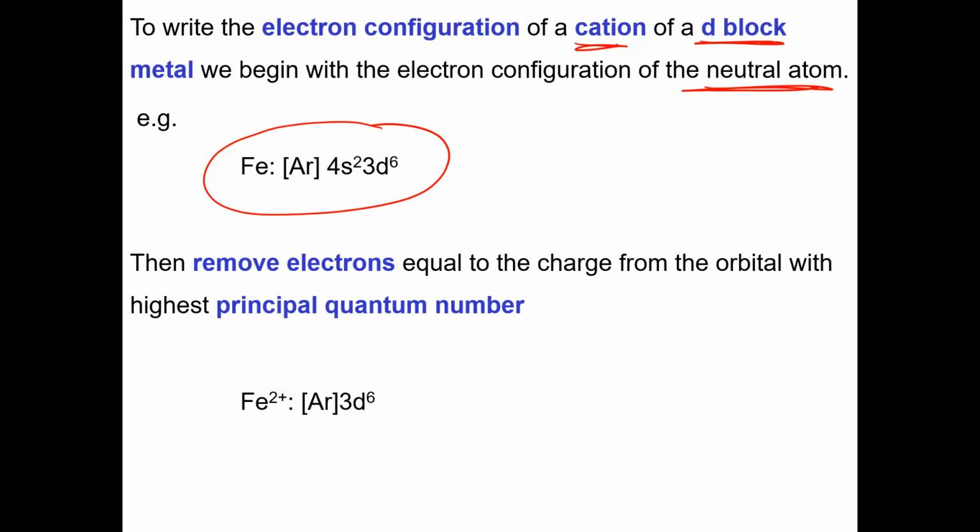Then we remove electrons equal to the positive charge, but from the orbital that has the highest shell number, the highest principal quantum number, in this case 4. So for iron 2+, we get rid of the two 4s electrons. We remove the s electrons before we remove the d electrons.